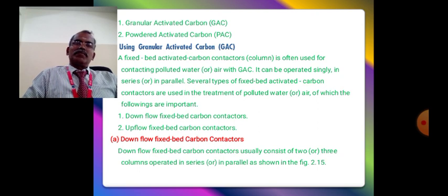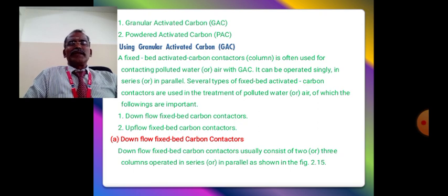It can be operated in two ways, a series technique or a parallel technique. GAC is used in two ways. First one is the downflow fixed bed carbon contactor, and second one is the upflow fixed bed carbon contactor.